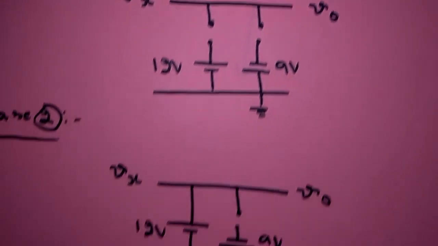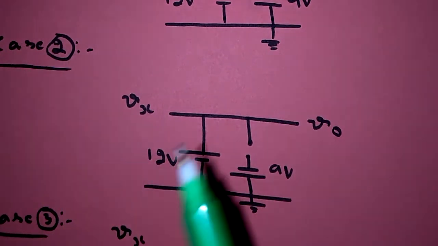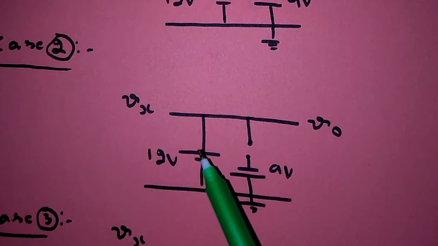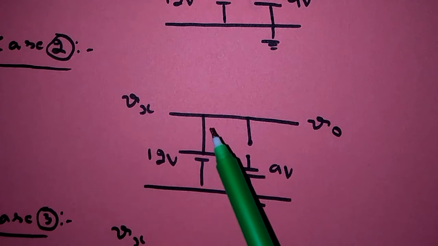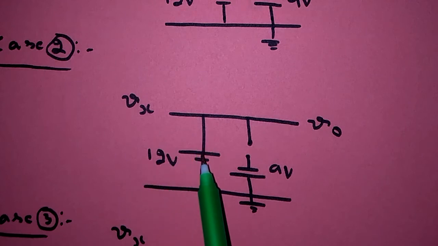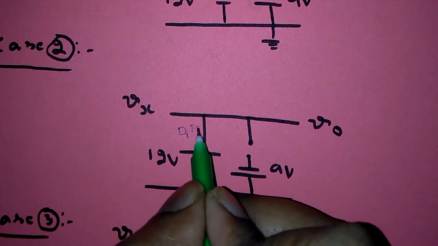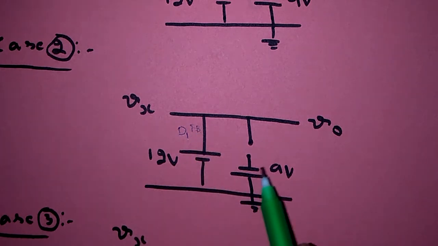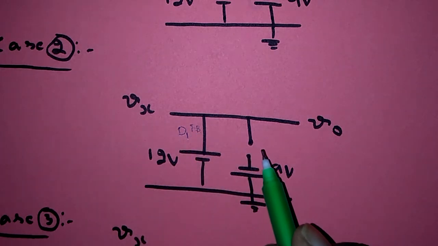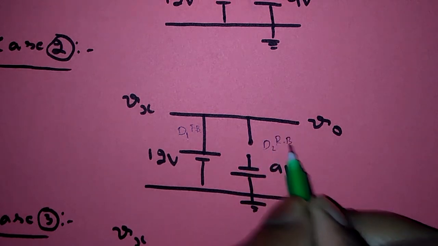Similarly, in the case of case 2, our input waveform exceeded the 16 volts, that is related to this 12 volts. So diode D1 will enter into forward bias and acts like a short circuit, and this diode D2 will enter into reverse bias and acts like an open circuit.